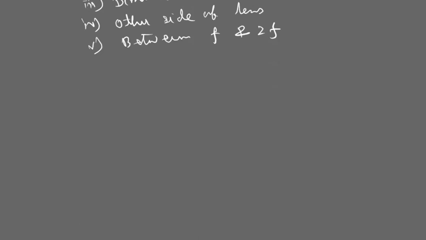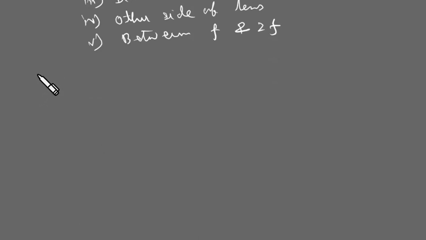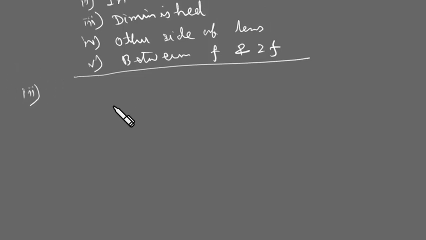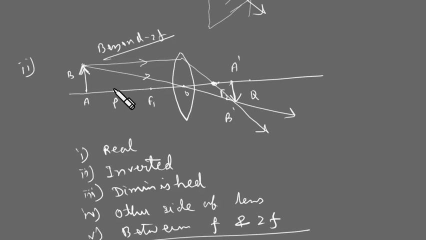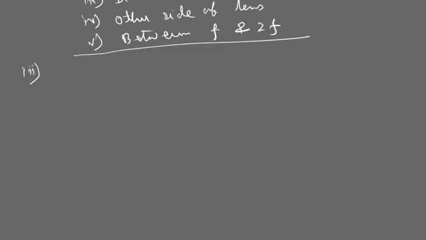Okay, now let's move on to the third case. Third case, where this time we will keep the object at 2f. So the object will be kept at 2f. Okay, so let me draw it here.